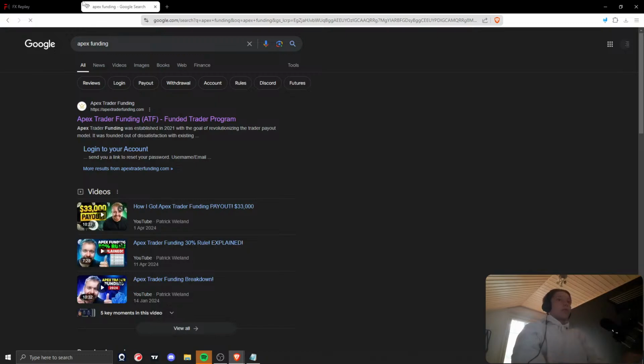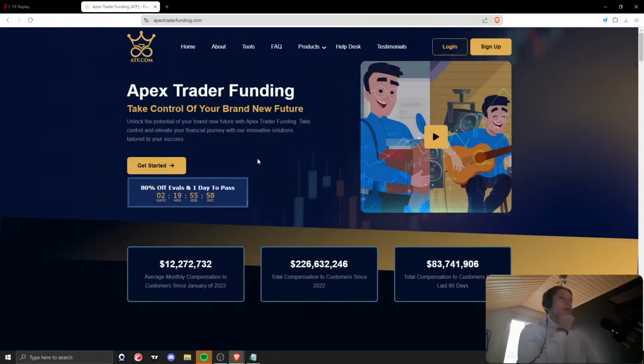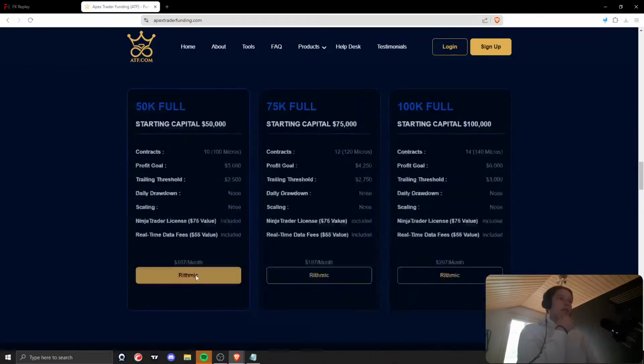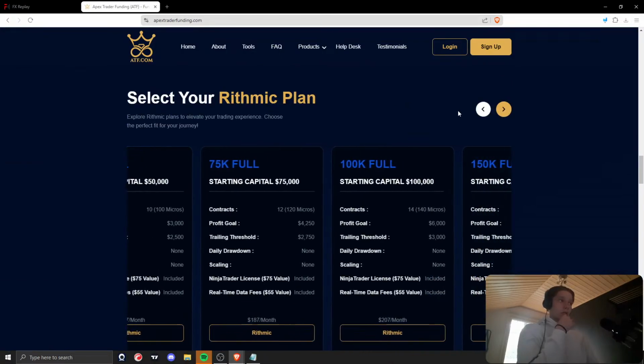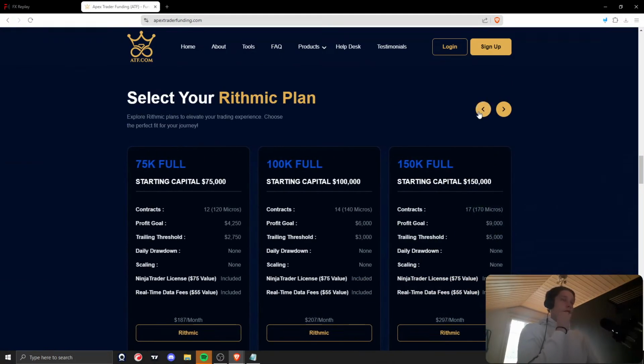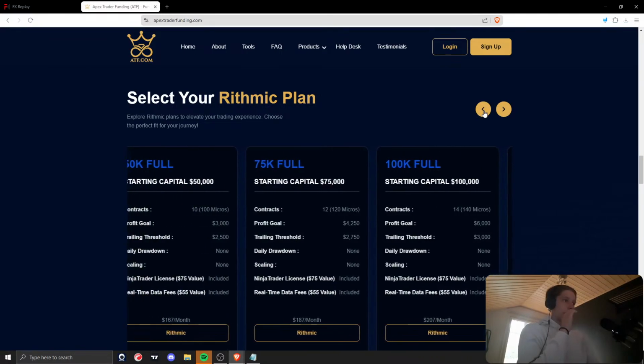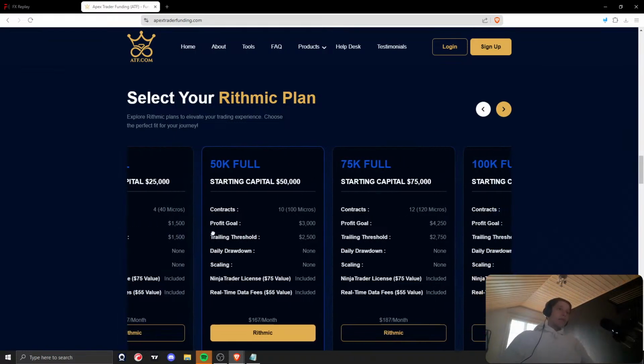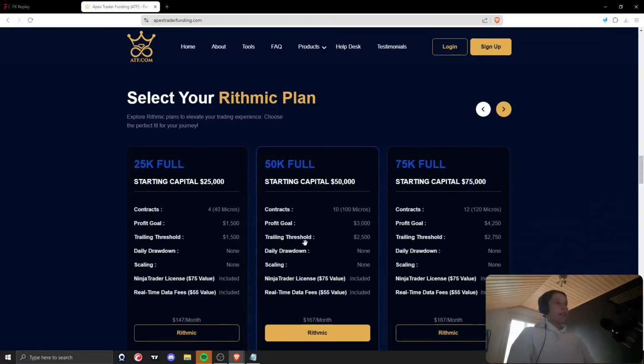I will note you if I'm taking this or buying this, but I'm considering buying the Apex 50k account, because it's like $37, and I know that you can see the profit goal is 3k, trailing threshold 2.5k.